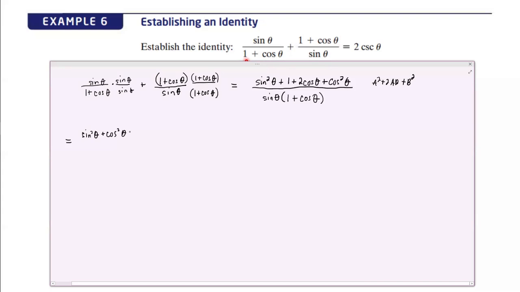Okay, because we should be recognizing that as a 1, right? Plus 1 plus 2 cosine theta. Okay, so this just makes a 1. And that 1 plus the other 1 is going to be 2 plus 2 cosine theta.